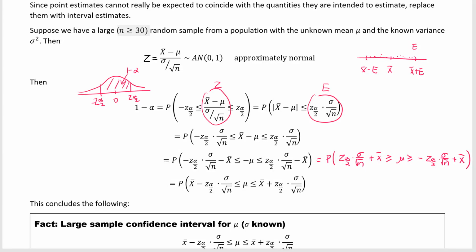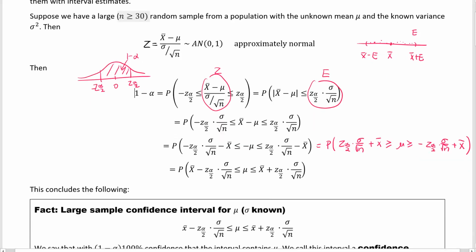And we just reorder, putting this one on the left and this one on the right. Then we have the inequality flip, but they're the same thing. It just means that instead of getting just a point, now we have an interval. So we have 1 minus alpha times 100% confidence that our population mean will lie in this interval.